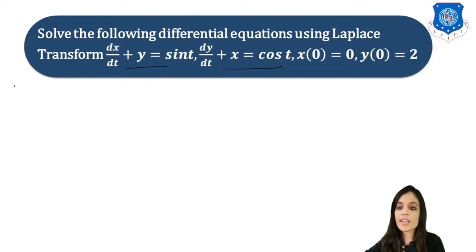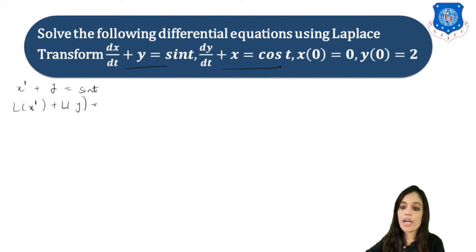I can write this as x dash plus y equals sin t, right? Now let us apply Laplace on both the sides. So Laplace of x dash plus Laplace of y equals Laplace of sin t. Done? Now let us apply the formula.